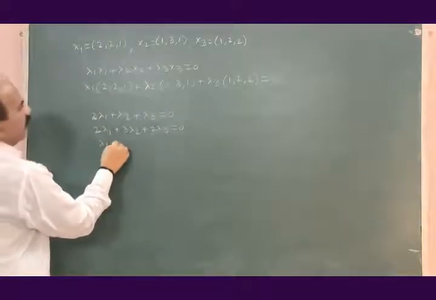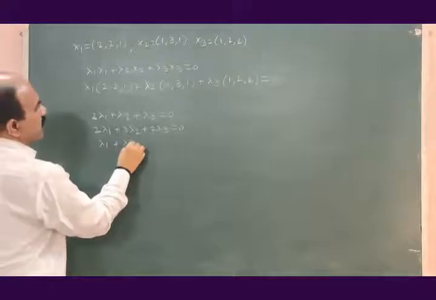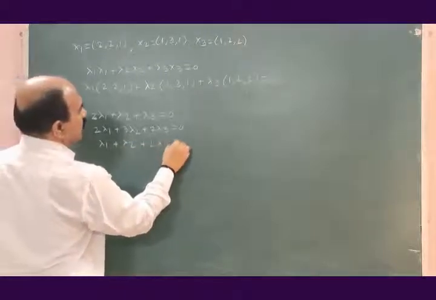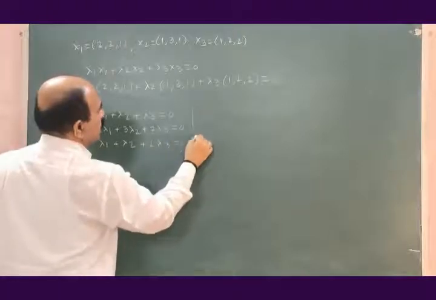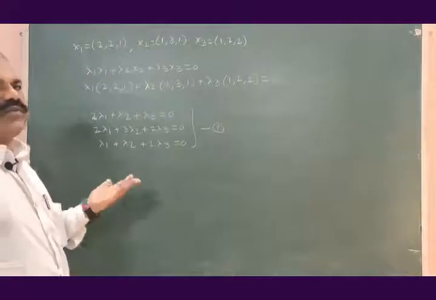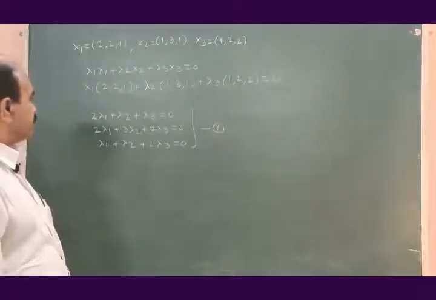Finally, lambda 1 plus lambda 2 plus 2 lambda 3 is equal to 0. A homogeneous system of linear equations.